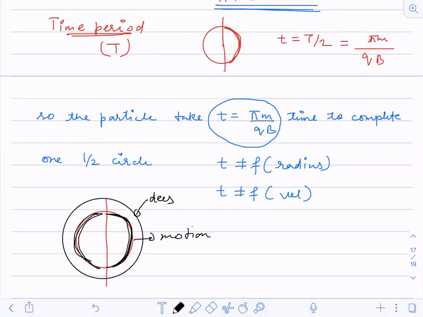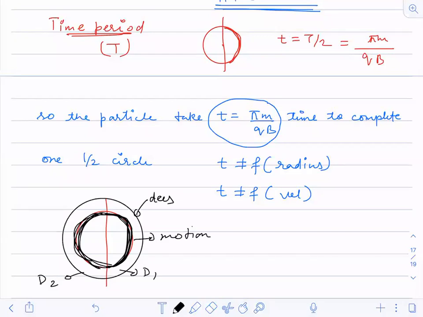For one complete oscillation, how many times will its polarity be changed? Suppose this is D1 and this is D2. For one complete oscillation, is the polarity changing one time or two times? Yes, it's changing two times.